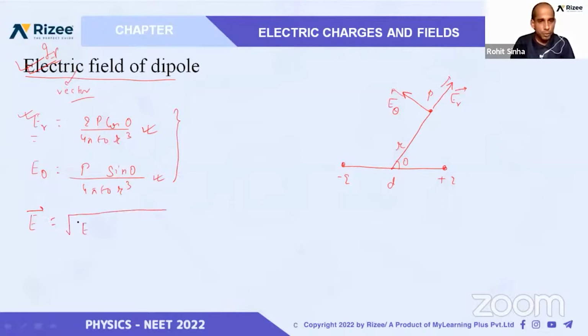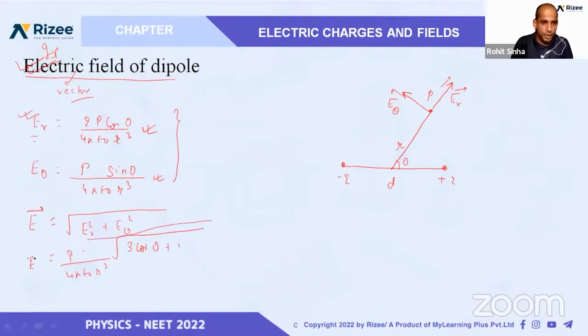They are mutually perpendicular, so we take ER square plus E theta square. What we get is p by 4 pi epsilon naught r cube times the square root of 3 cos square theta plus 1. Remember, this is a very important formula.